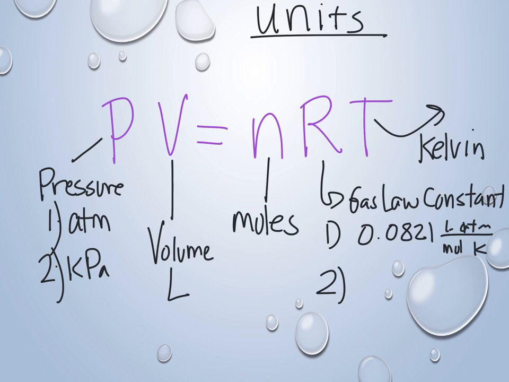If you choose to use pressure in kPa, your value is 8.314, and this would be liters kPa over moles Kelvin. Okay, these units are compound to make the whole equation work, and this organization is what allows this number to work.